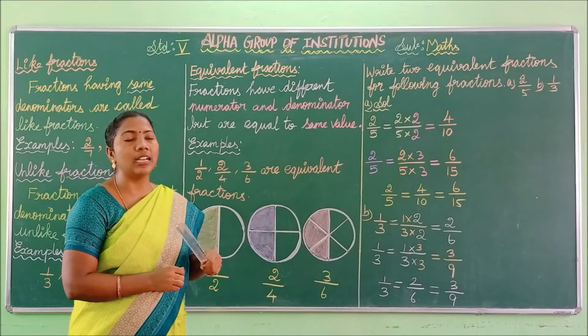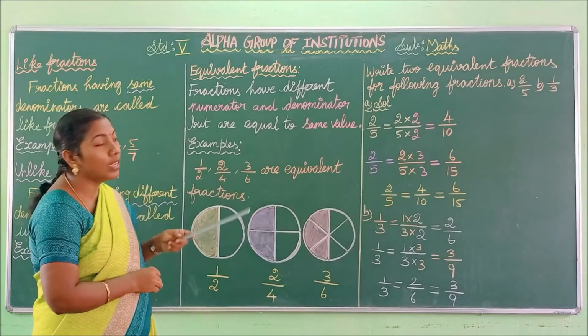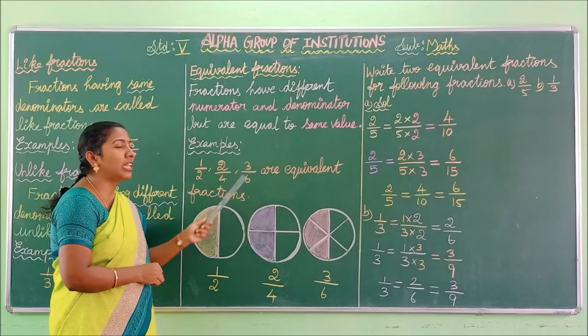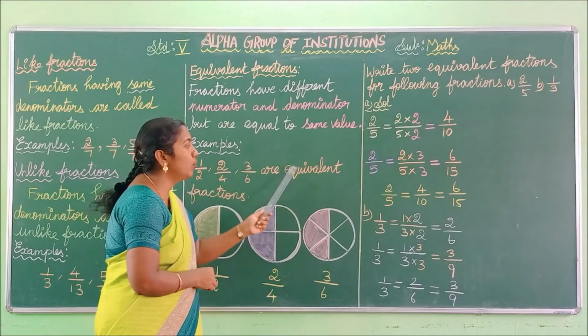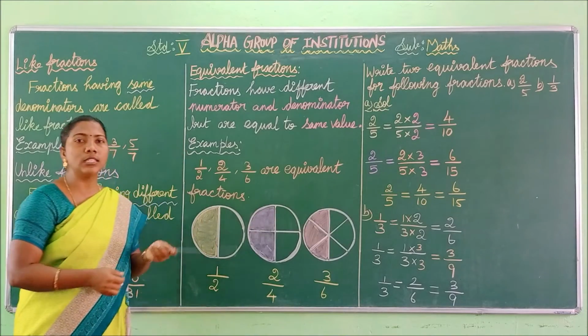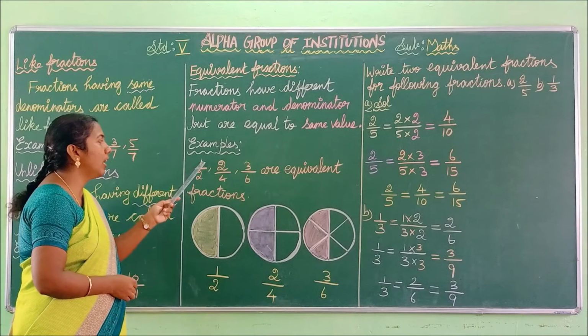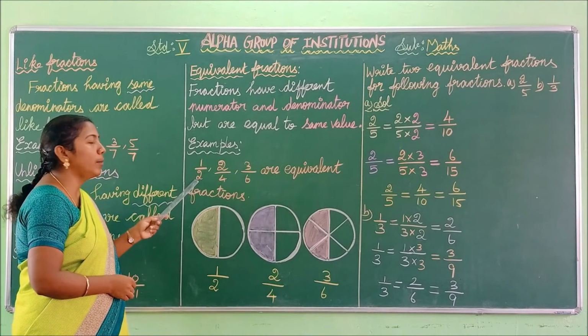You will clearly understand by seeing this example. See the example. 1 by 2, 2 by 4, 3 by 6 are said to be equivalent fractions. How are we saying these fractions are equivalent? Here we have the numerator 1 and denominator 2.